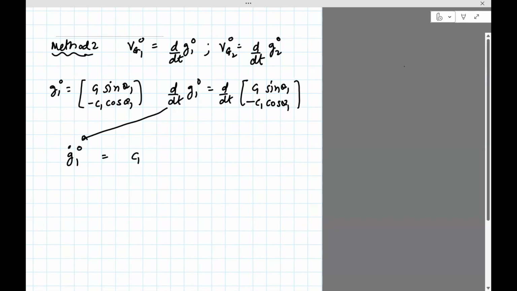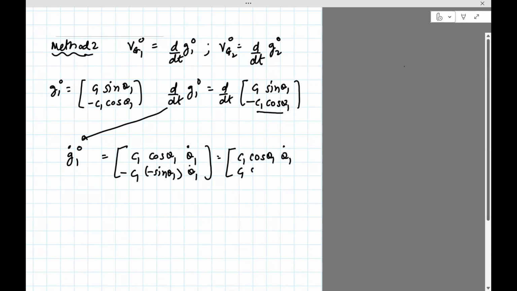C1, the derivative of sine theta 1 is cosine theta 1. And then there is the chain rule because theta is a function of time. So theta 1 with respect to time is going to be theta 1 dot. And then same thing for the second term. So C1, the derivative of cosine is negative sine, and the derivative of theta 1 is theta 1 dot. So this comes out to be C1 cosine theta 1 theta 1 dot, C1 sine theta 1 theta 1 dot.